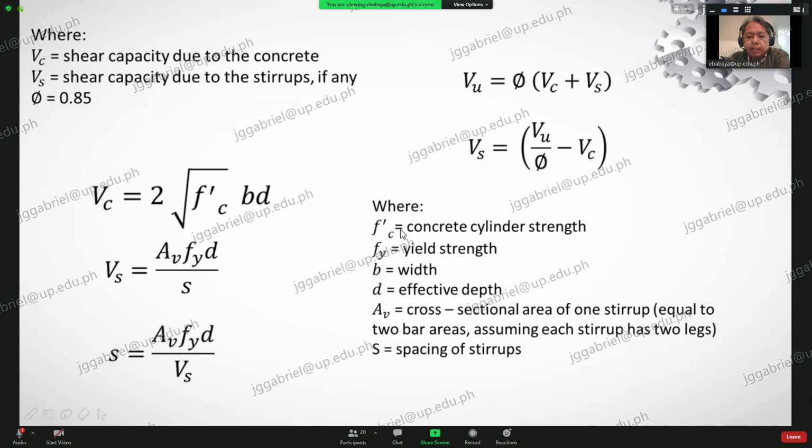Fy, that's the yield strength of your steel. b, that's the width of your beam. d, the effective depth. Av, when we are looking for Vs, the shear capacity due to the stirrups, Av is 2 times the area of one bar that we use for the stirrups. And then s, that's the spacing of stirrups.